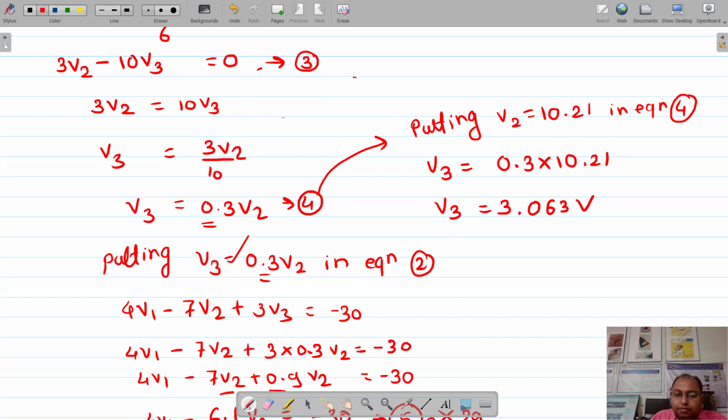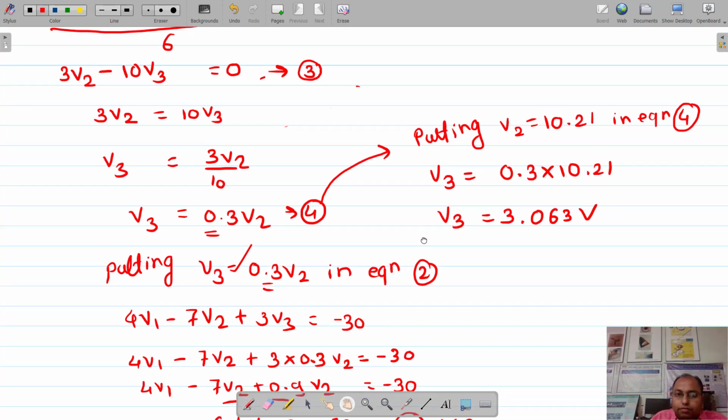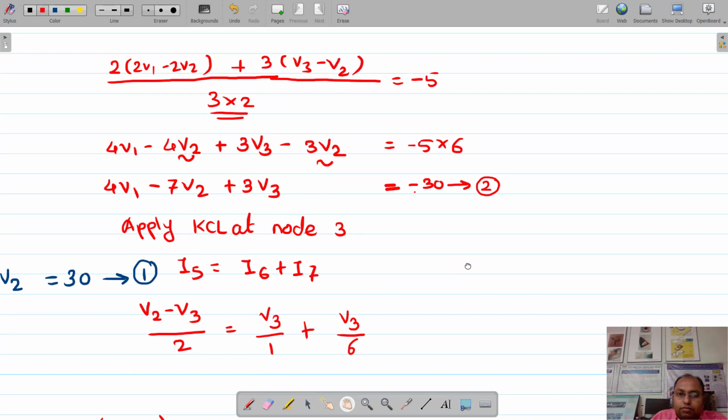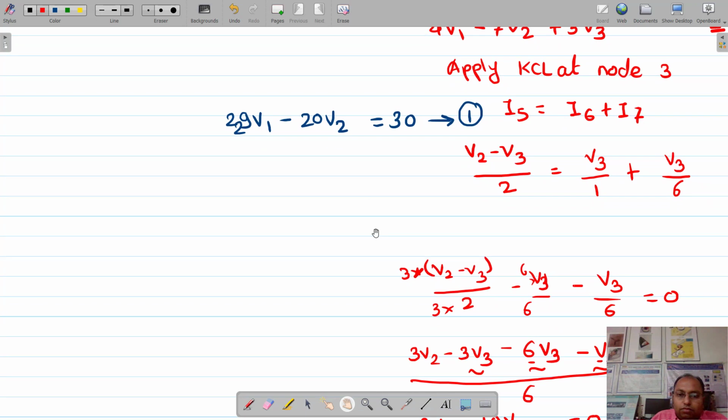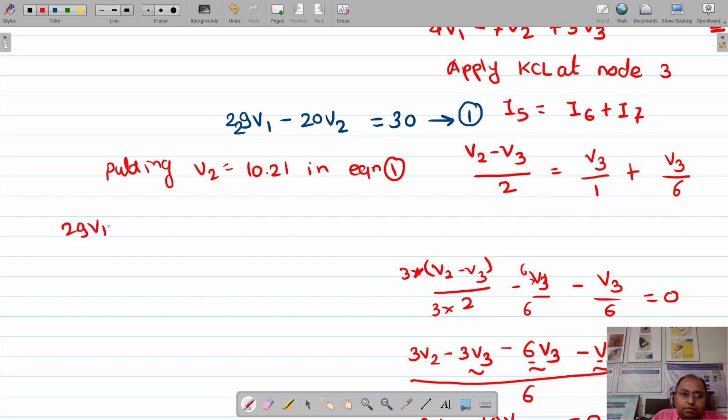Now putting v2 is equals to 10.21 in equation 1, we get 29 v1 minus 20 into 10.21 is equals to 30, right?